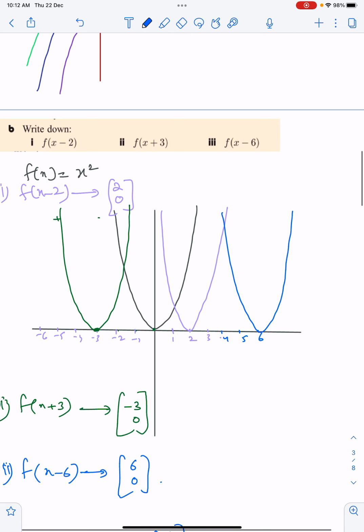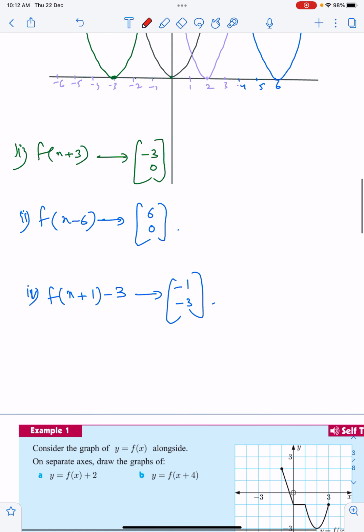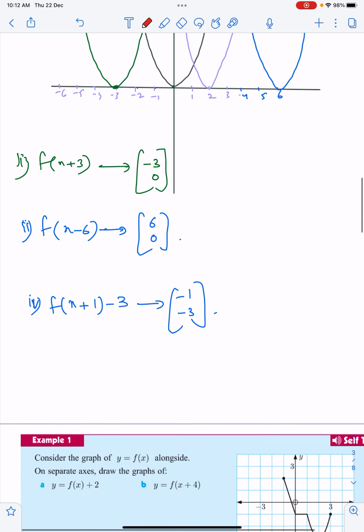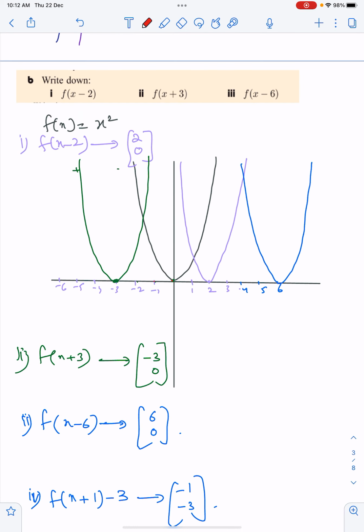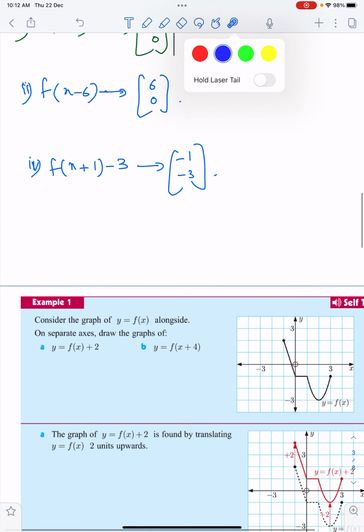Okay. So I'm going to draw the red graph here. So this is going to be shifting by negative 1 unit here and 3 units down. This is going to be the vertex of the graph then. Okay. So this shows in horizontal movement, 1 unit onto the left and 3 units down.